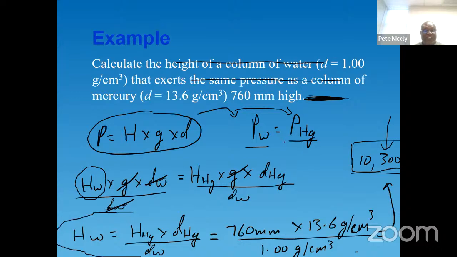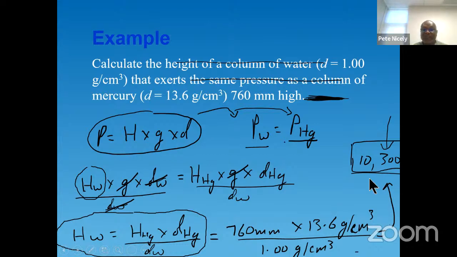The height of the water column will be equal to the height of the mercury column times the density of mercury, divided by the density of water. And then I'll plug the numbers in, and this is what I end up with. 760 millimeters times 13.6 divided by 1.00 grams per cm cube.